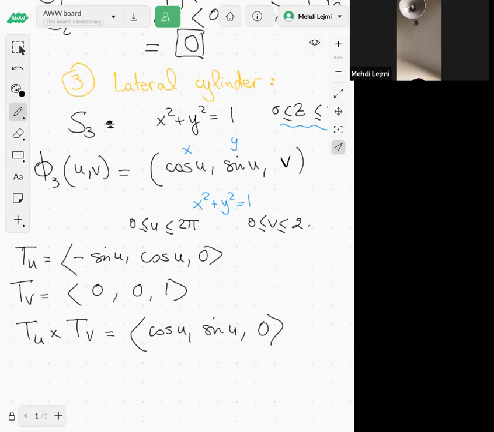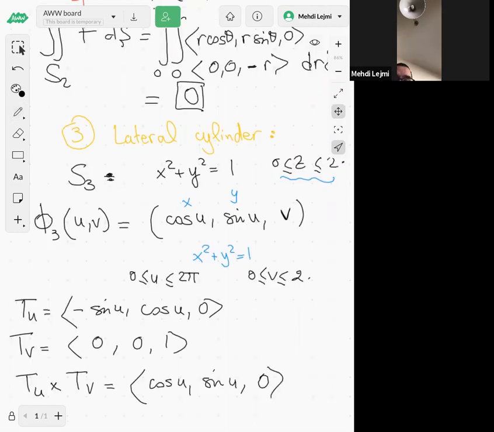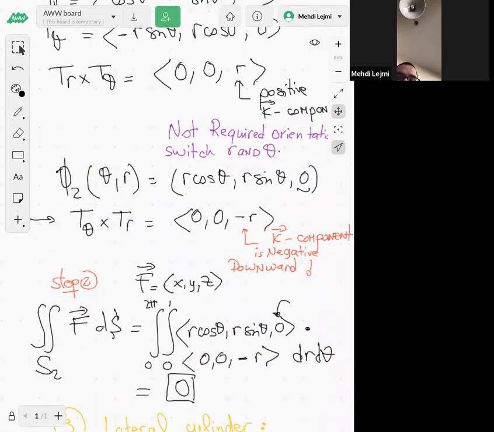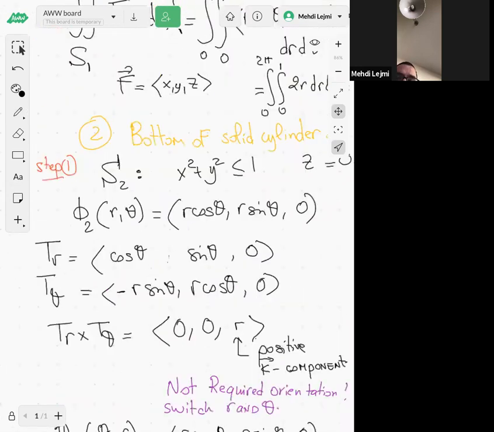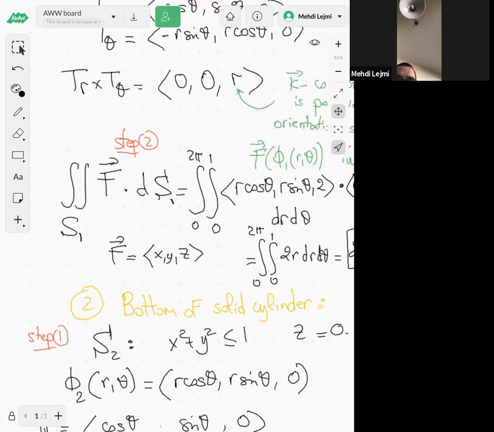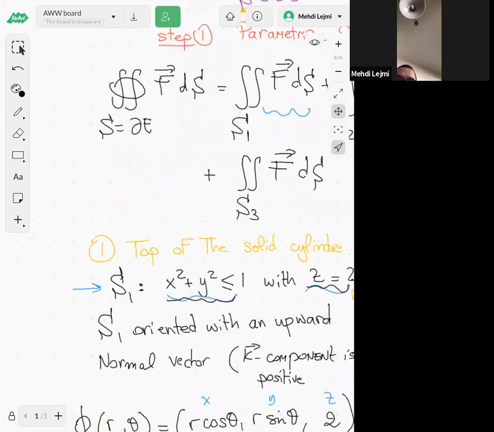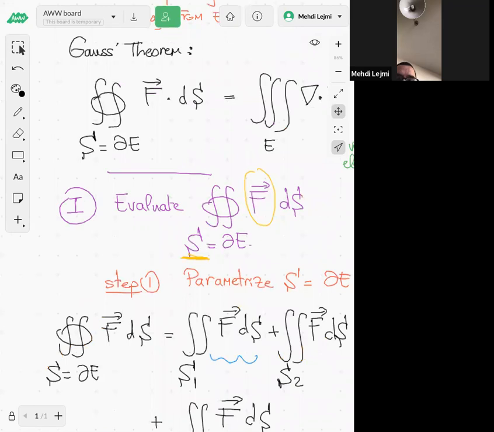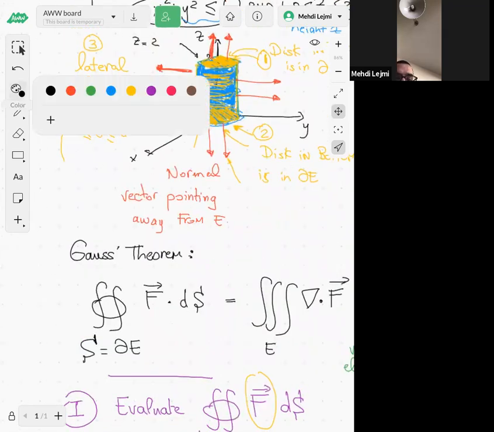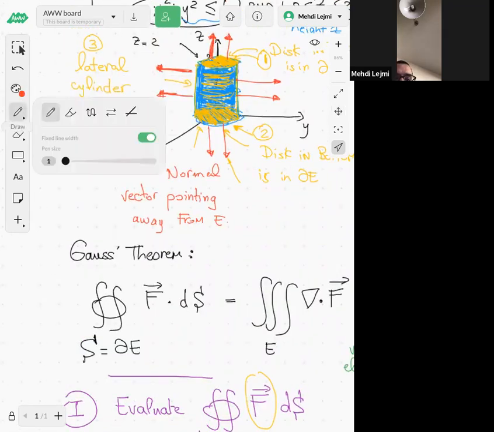Now the question is the orientation. We need to check the orientation of the cylinder. It must be outward, right?